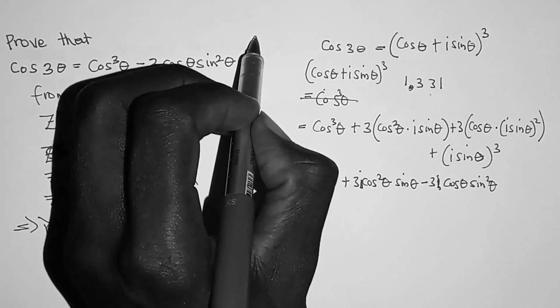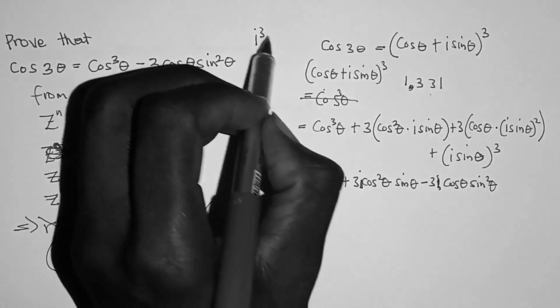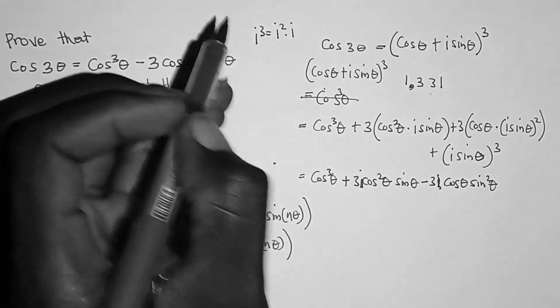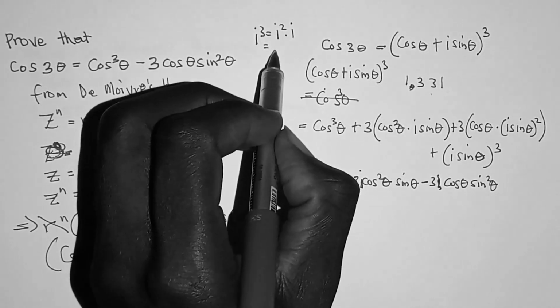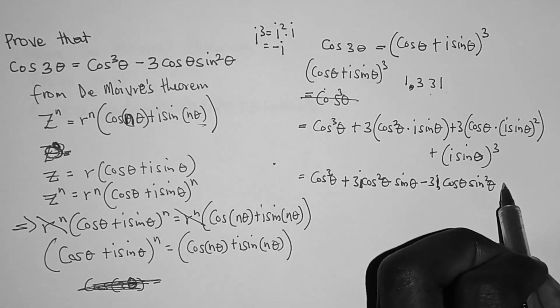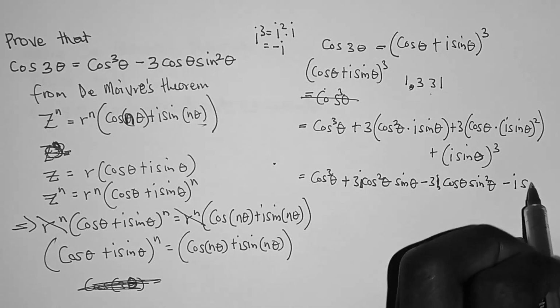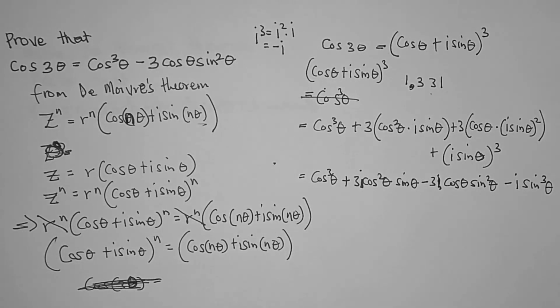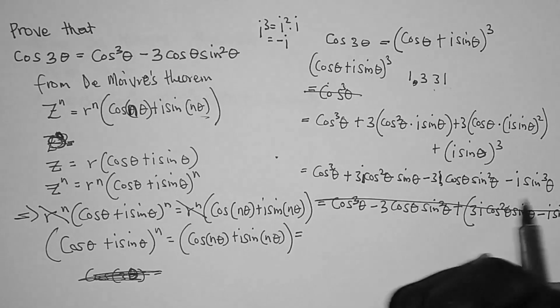Then this one is i exponent 3, the same as i squared times i. We know that i squared is minus 1, so it's going to give us minus i sine cubed theta.